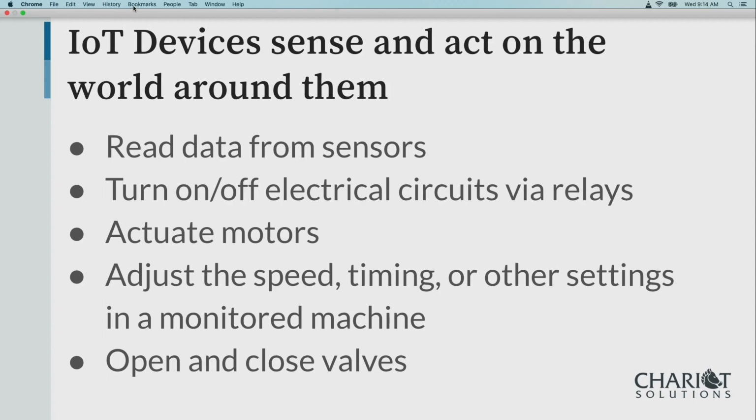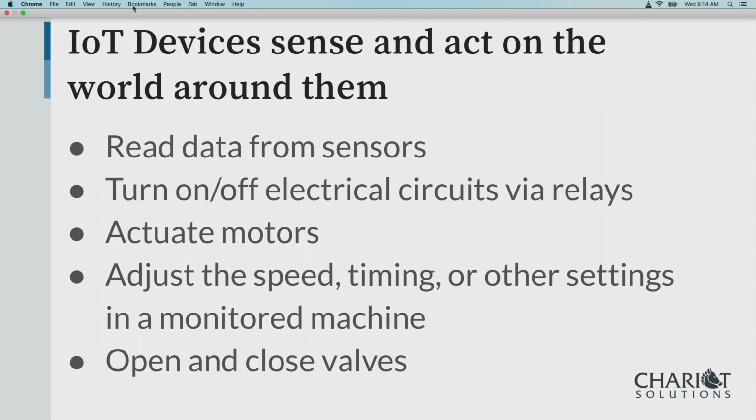And again, these devices are supposed to interact with the world around them. For example, these devices are meant to interact with electronics. So reading data from sensors, turning on or off different electrical circuits. You can hook relays up, and a relay is just an on-off switch, right? So you can have a relay connecting on and off power, house current level, or just low level voltage, whatever, and flip it on and off.